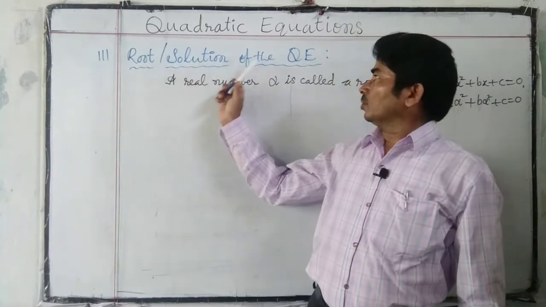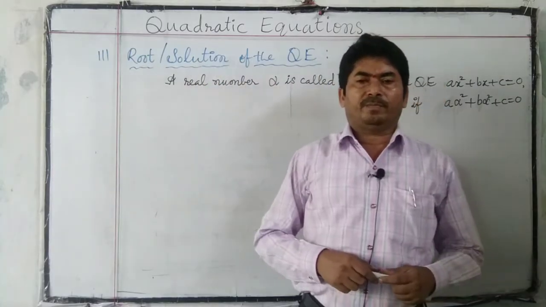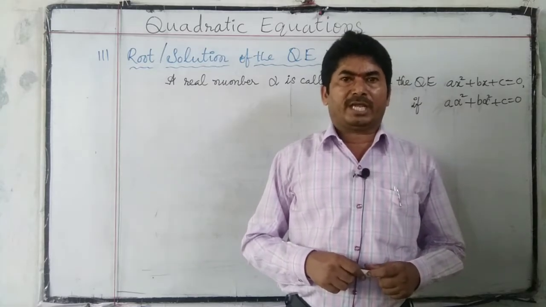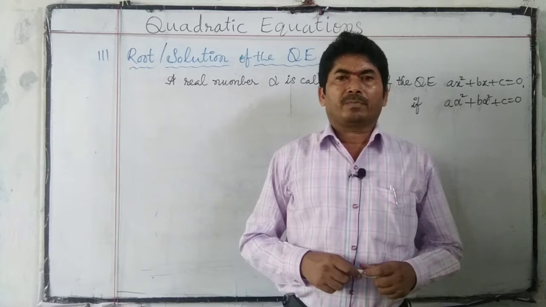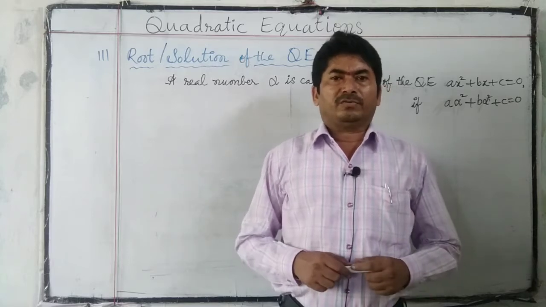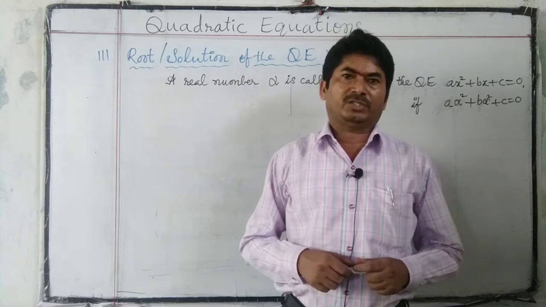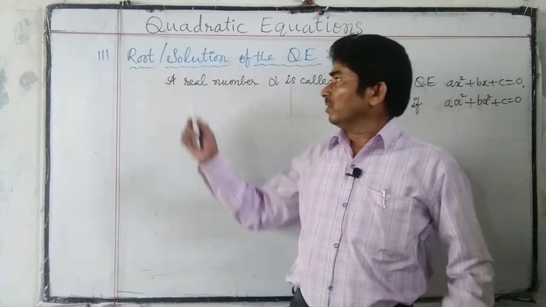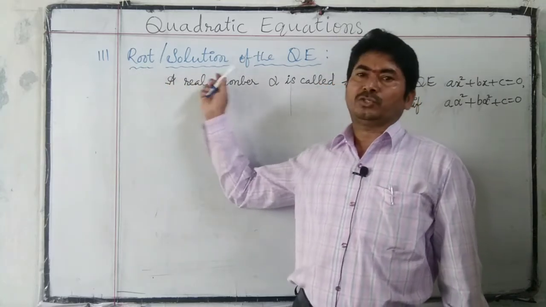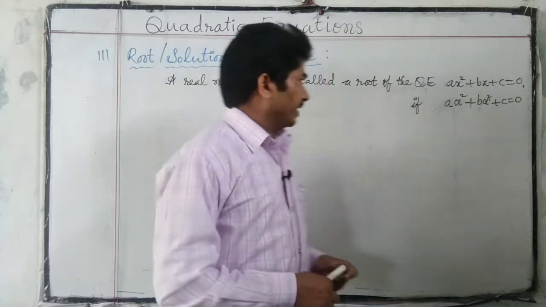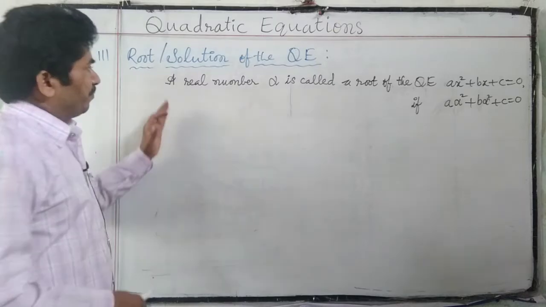Root or solution of the quadratic equation. What is a root or solution of the quadratic equation? The number which satisfies the quadratic equation ax square plus bx plus c is called the root or solution of the quadratic equation. Once again, let us observe.